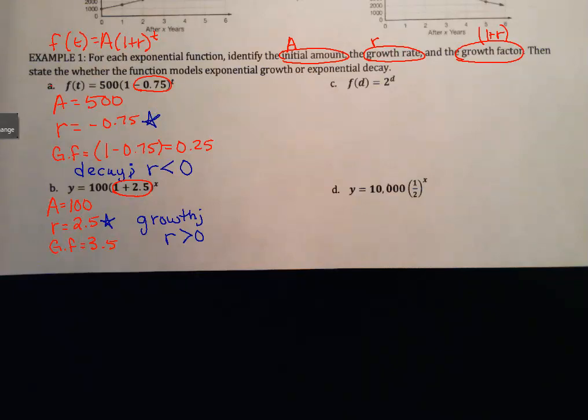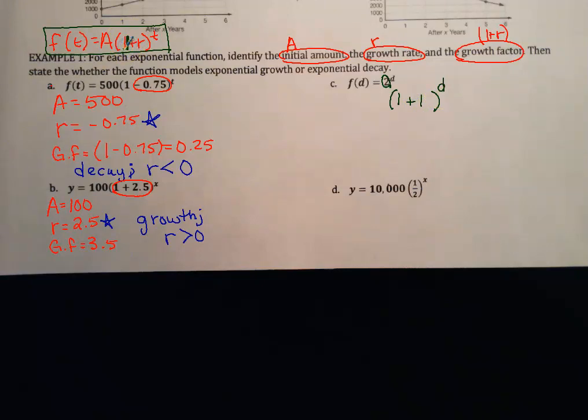Okay, C and D look a little more unusual because they're not in our exponential function form, so we have to put them in there. So 2 is the value that's raised to our exponent. We have to think, what would be inside our parentheses to equal 2? 1 plus 1, right? 1 plus 1 would equal 2, because in the formula it has a 1 first.